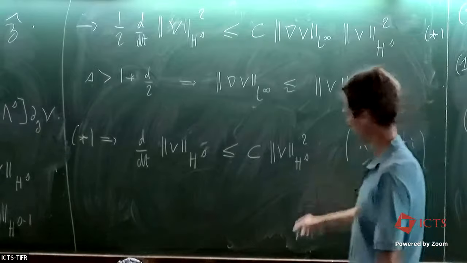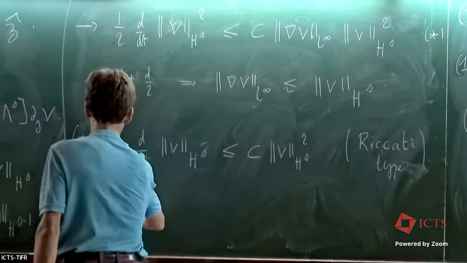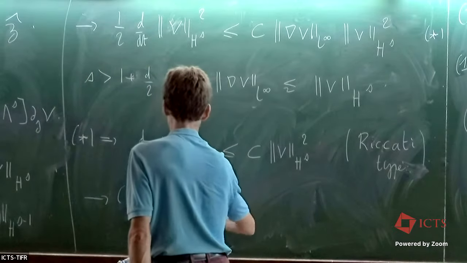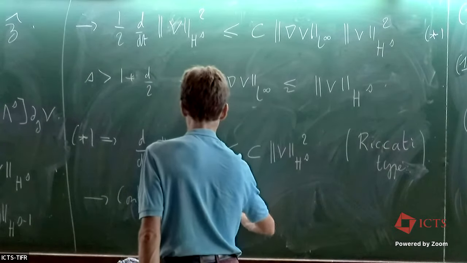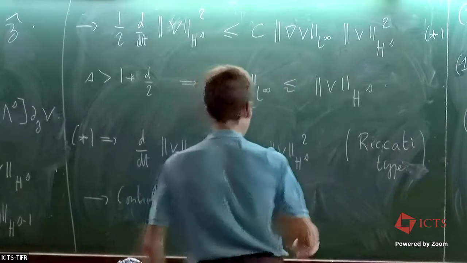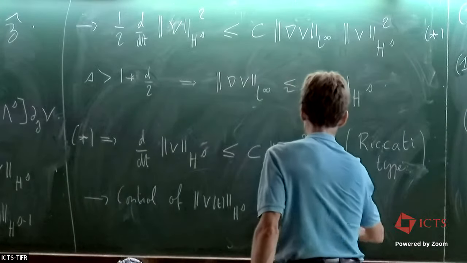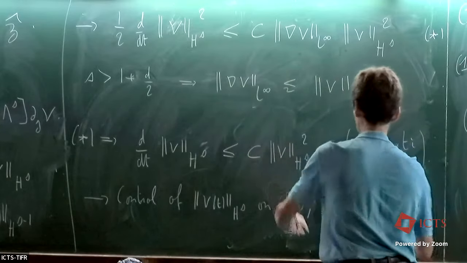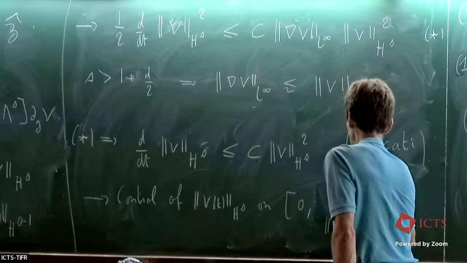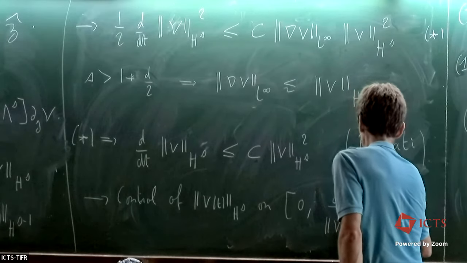And from this, you get a control of V on some time interval, which is some constant, which may be computed like this one, another constant, divided by the HS norm.